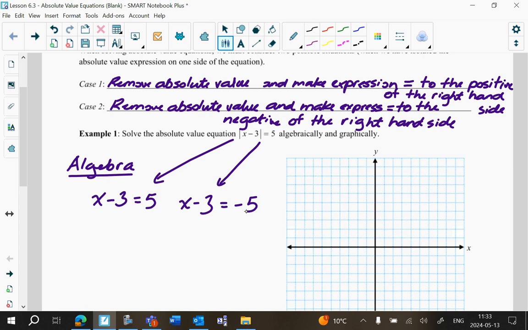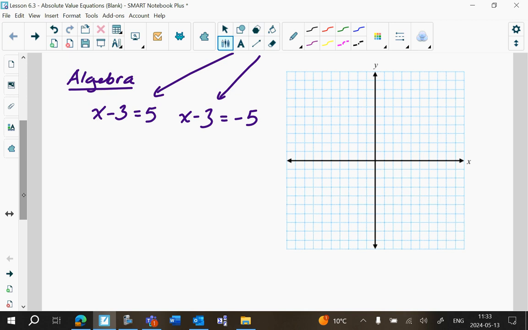Because when we take that absolute value, we get positive 5, which is a solution. So solve each one. X equals 8. X equals -2.